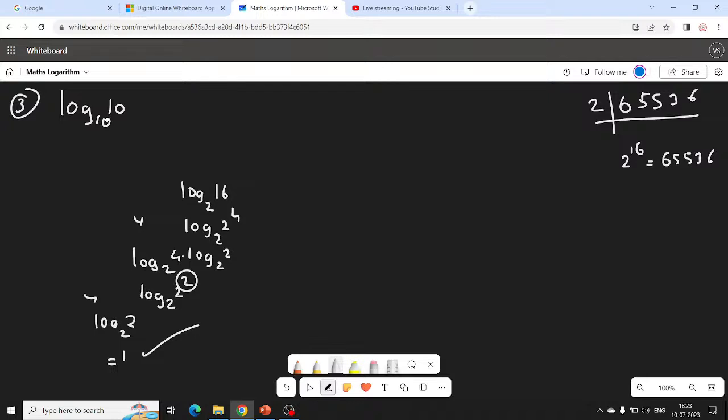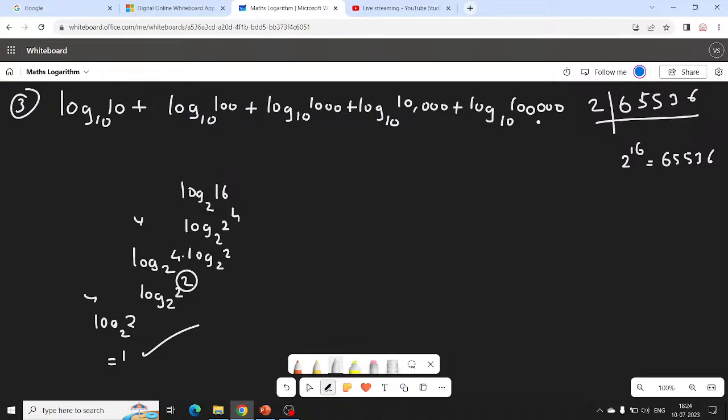Log 10 to the base 10 plus log 100 to the base 10 plus log 1000 to the base 10 plus log 10,000 to the base 10. Next, add one more 0 to the base 10. Start.